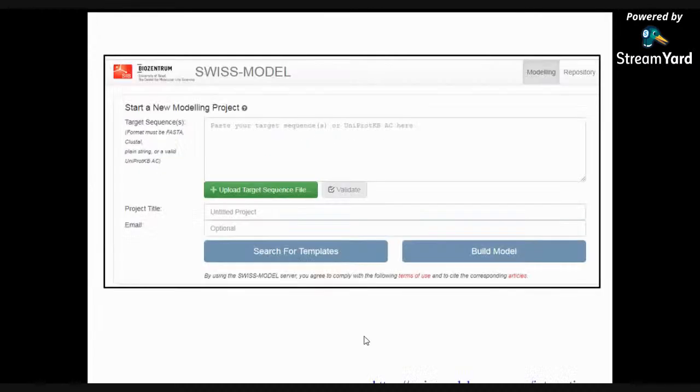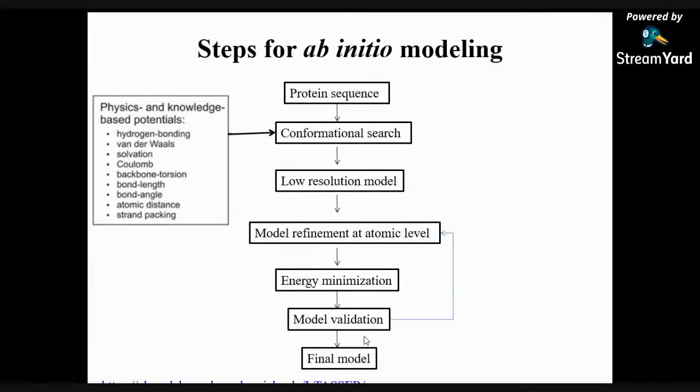These are some links, and now I am going to discuss ab initio protein structure prediction. In ab initio protein structure modeling, when you don't get a template with more than 40% identity with an existing protein structure in the PDB, then you have to go for ab initio protein structure prediction.